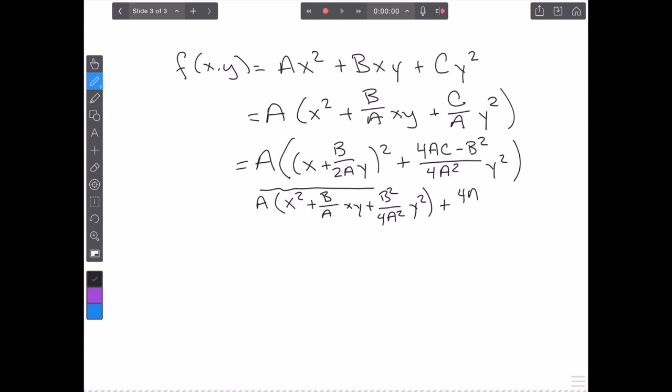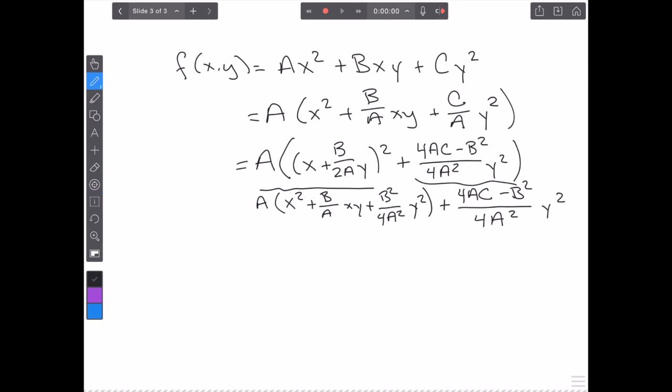So here we have 4ac minus b squared over 4a squared y squared. If I simplify this further, I'm going to get rid of this b squared over 4a squared term, and that's good because it's going to cancel with this other term. And once I do some additional cancellations, I'll get c over a y squared left over.